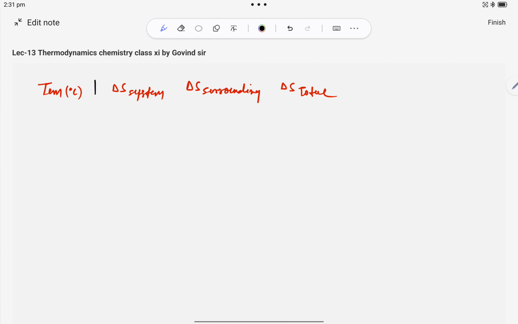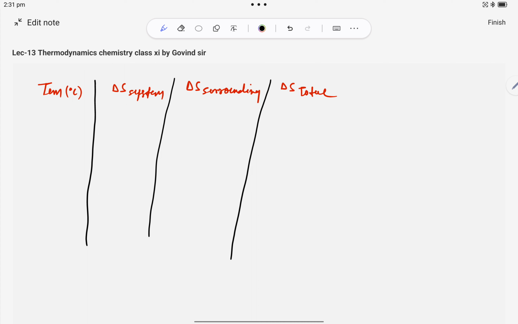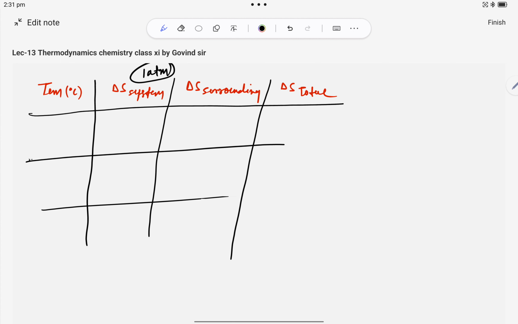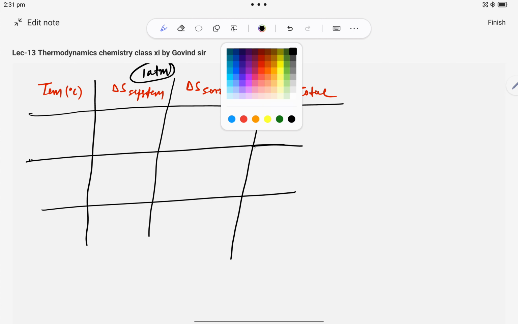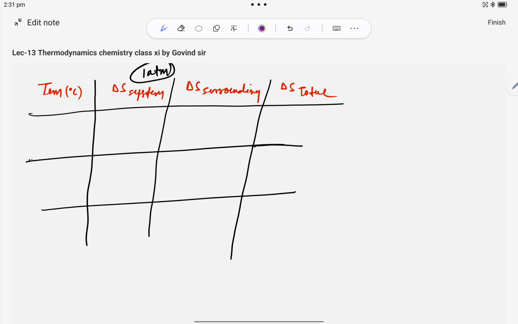In that case, this is set up at 1 atm. So here I am giving you data: -1, and the process is H2O liquid to H2O solid.